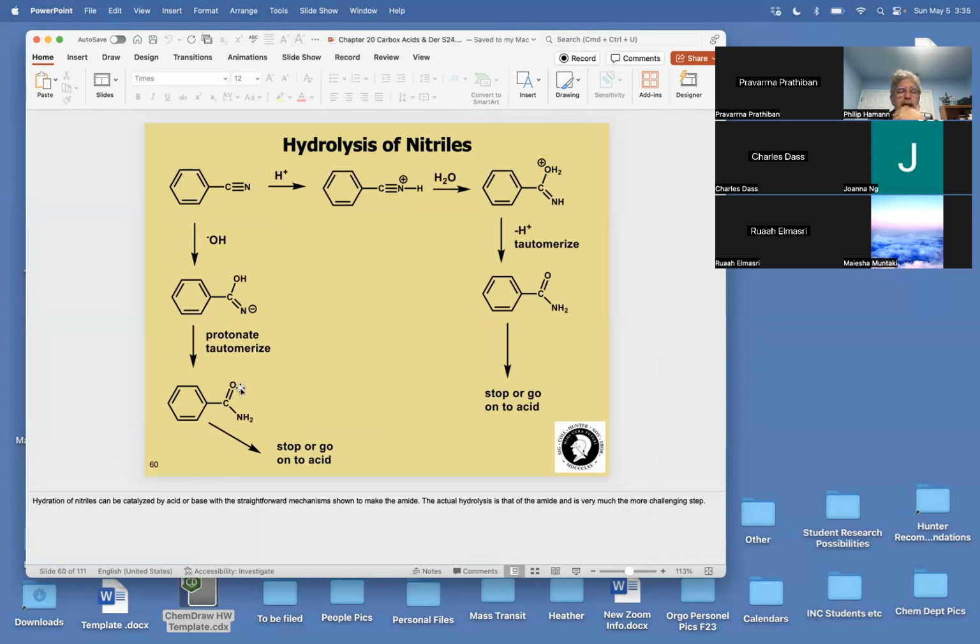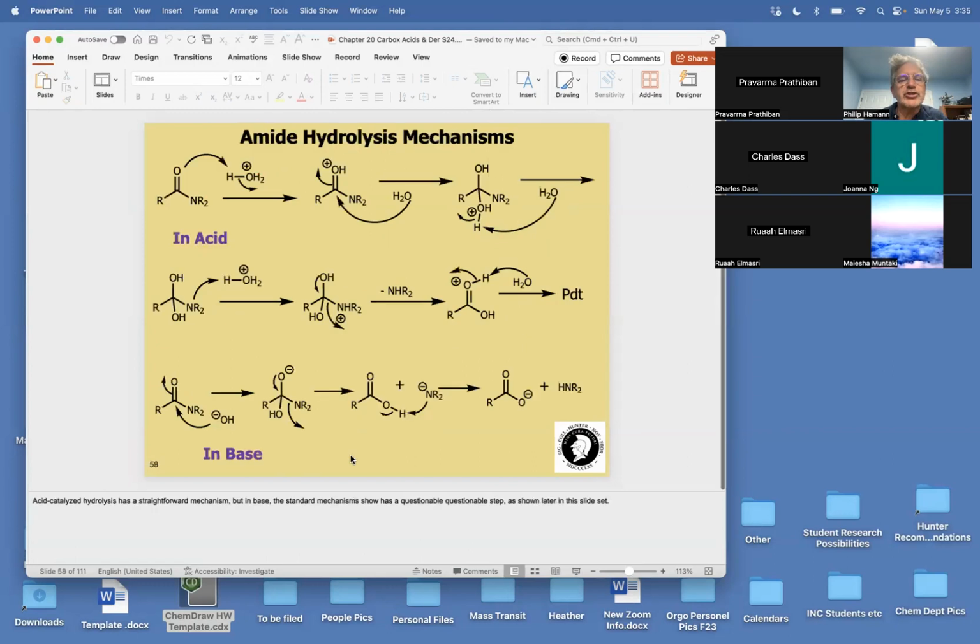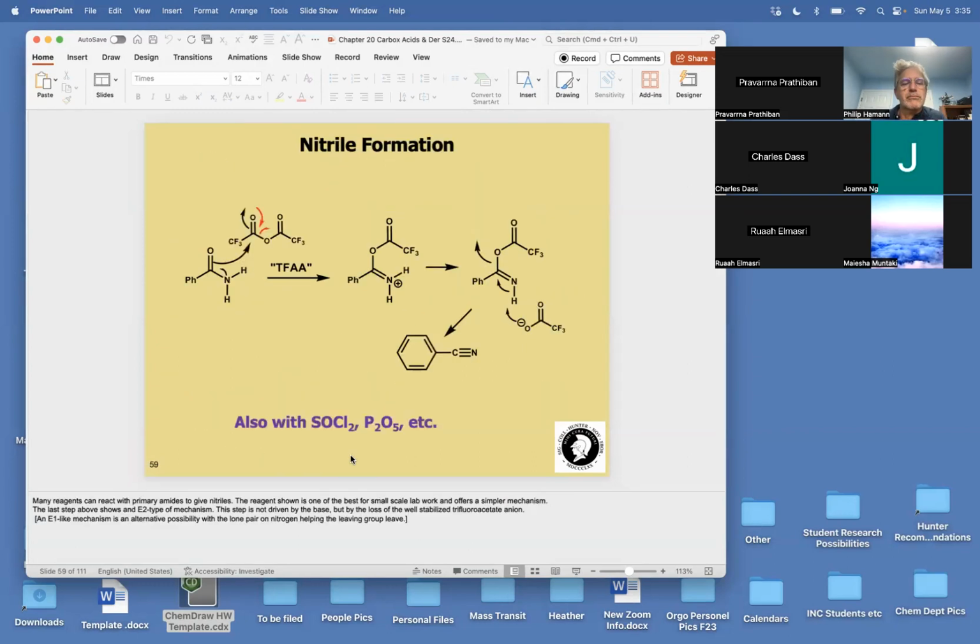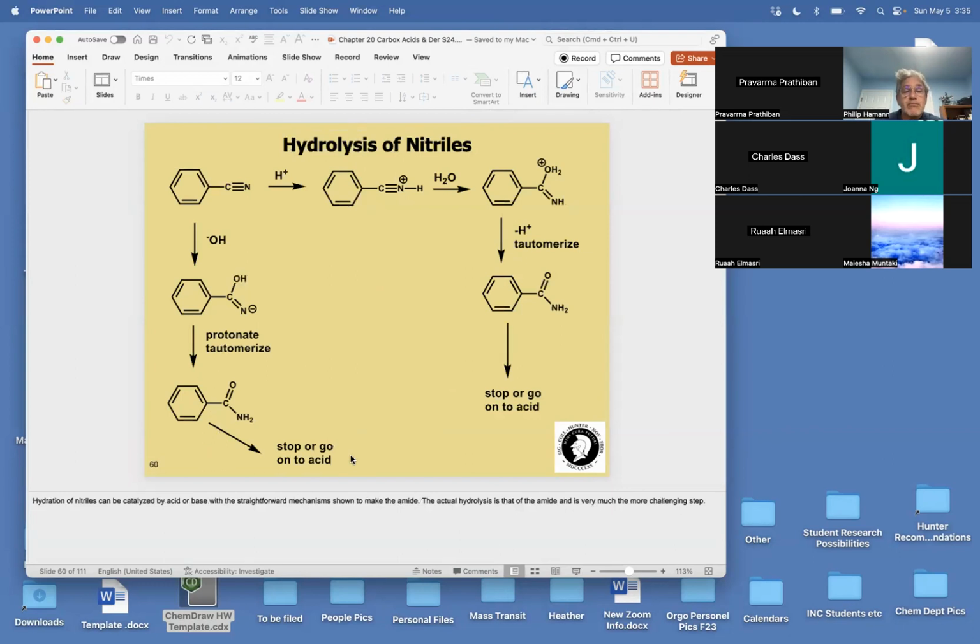And you can stop at the amide because this first step, part of the hydrolysis, it's a double hydrolysis, right? Actually, it's a hydration followed by hydrolysis, just to be technical. The hydrolysis itself isn't shown because it's shown here. So this is just adding the part you need to go from the nitrile to the amide and then back up a couple slides for the rest.